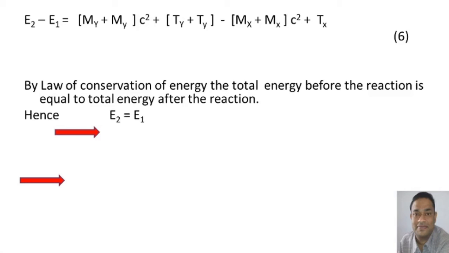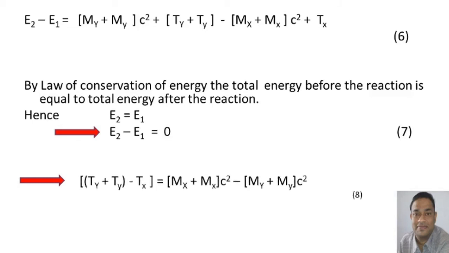So E2 should be equal to E1, and if E2 is equal to E1, we get E2 minus E1 equal to 0. So from equation 6, if you put E2 minus E1 equal to 0, and make the necessary rearrangement, we get expression 8.